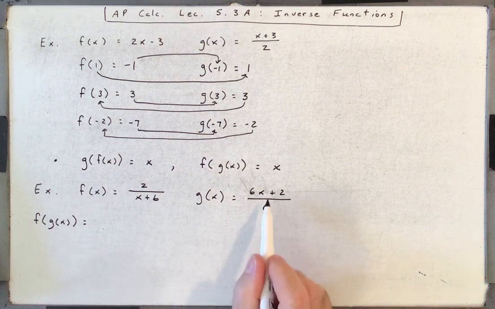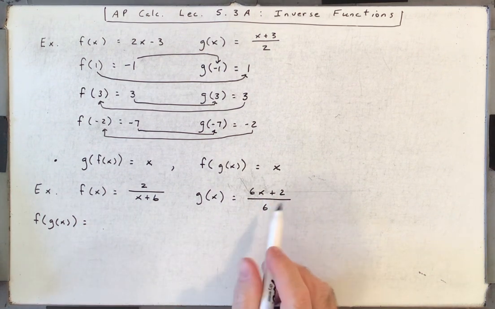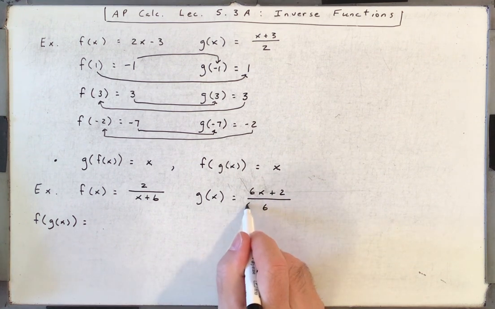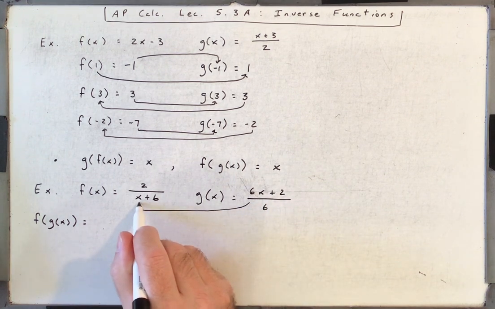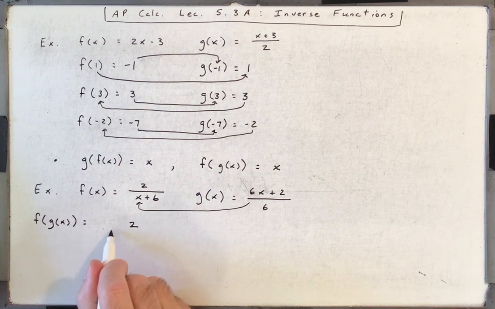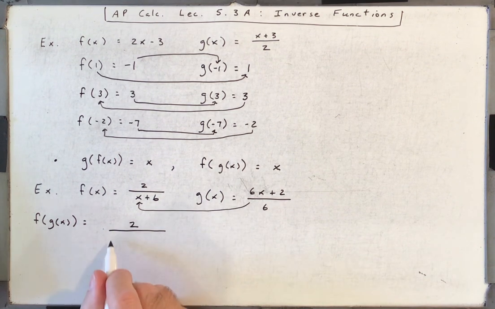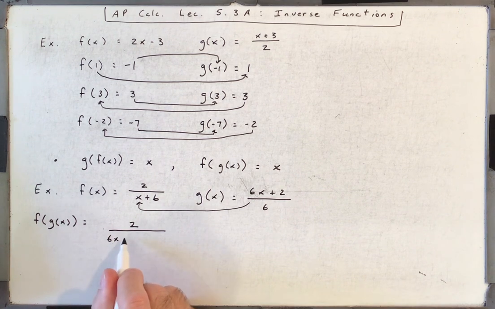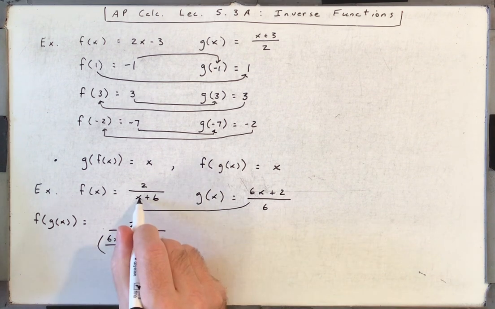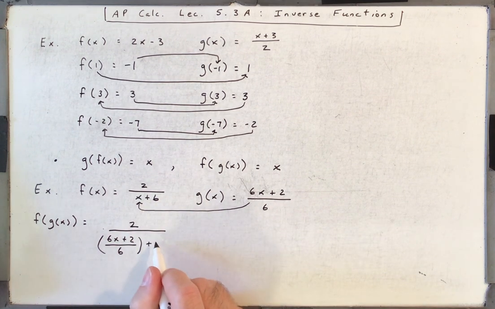What that means is we're going to plug this entire function, 6x plus 2 over 6, into x and try to simplify it. So that's going to be 2 over (6x plus 2 over 6), plus 6. We plug that whole thing in as x right here.